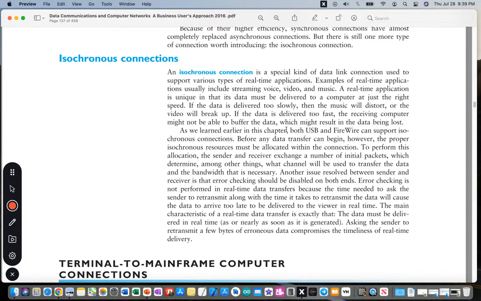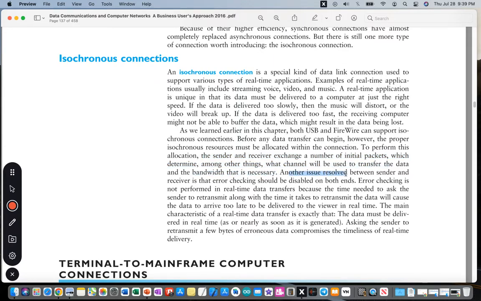As we learned earlier in this chapter, both USB and FireWire can support isochronous connections, so FireWire and USB. Before any data transfer can begin, however, the proper isochronous resource must be allocated within the connection. To perform this allocation, the sender and receiver exchange a number of initial packets that determine, among other things, what channel will be used to transfer data and the bandwidth that is necessary.